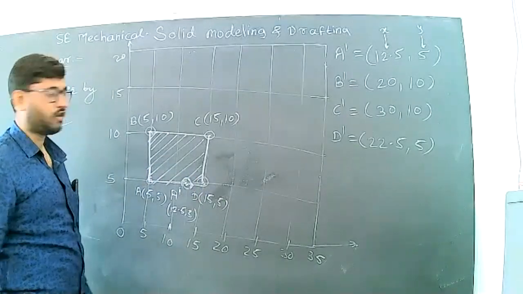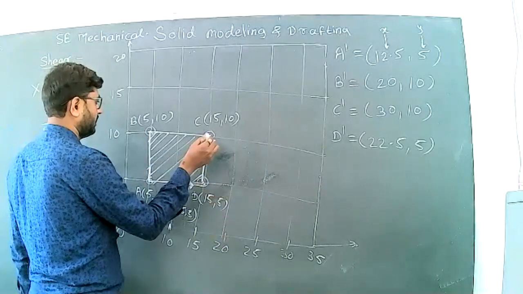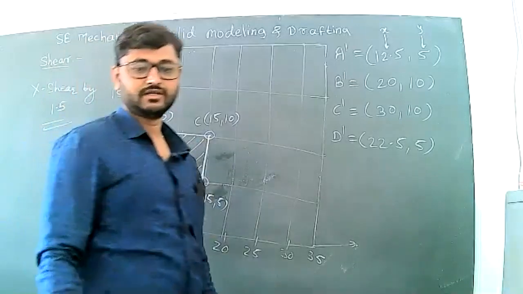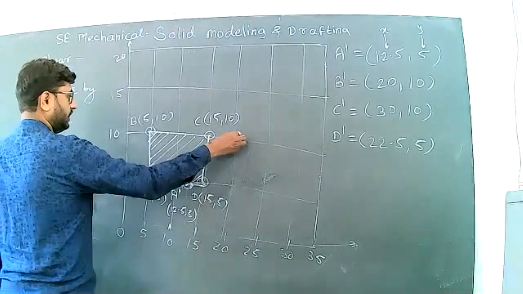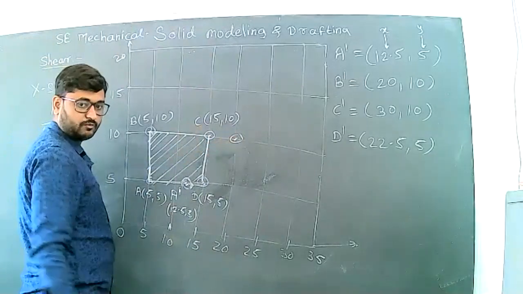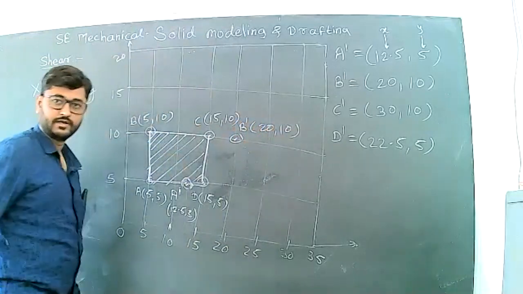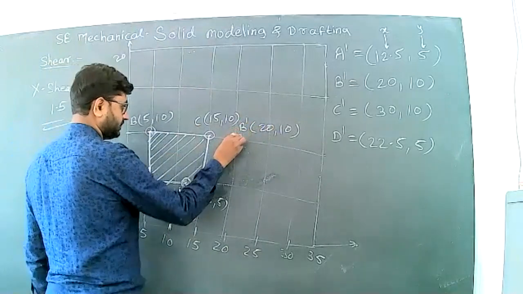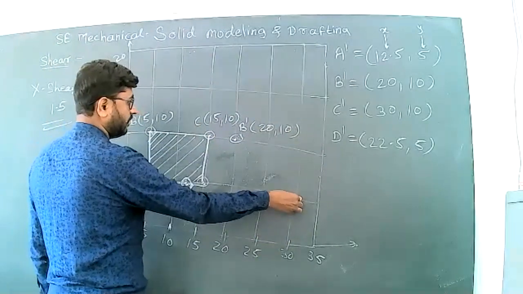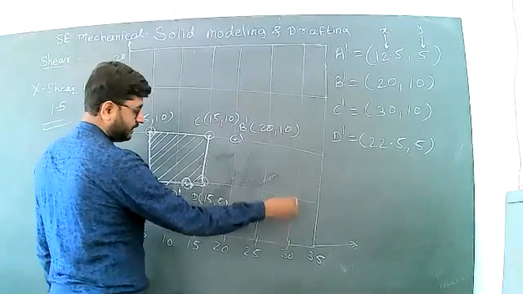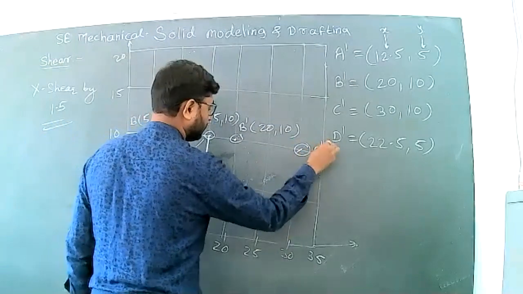B dash point: x distance is 20 and y distance is 10. Here is 20 and 10, and this point is B dash. Then C dash: x is 30 and y is 10, somewhere here.